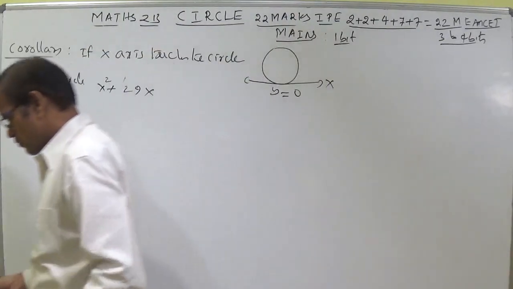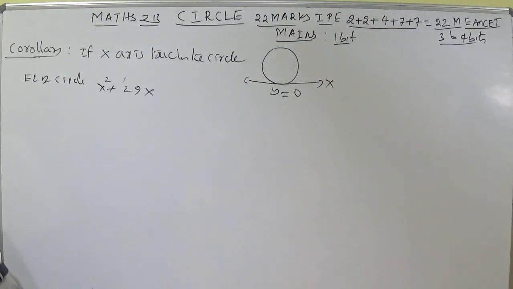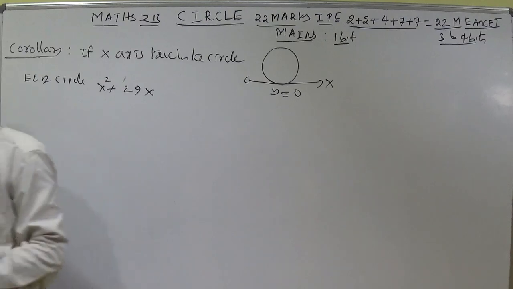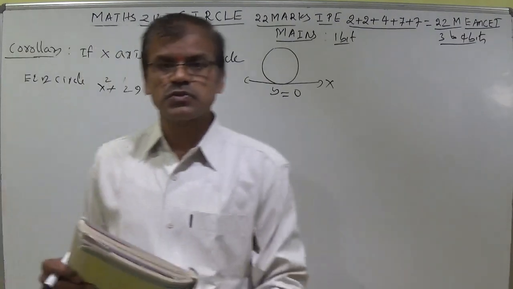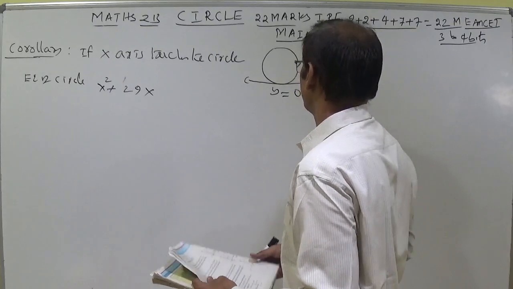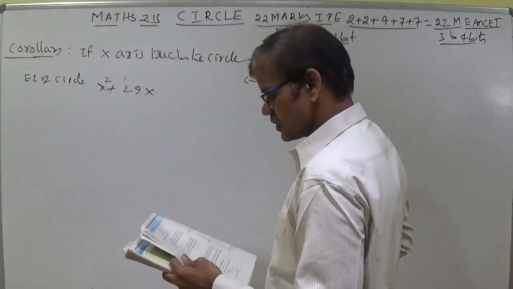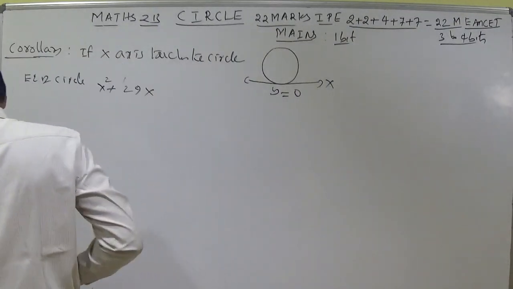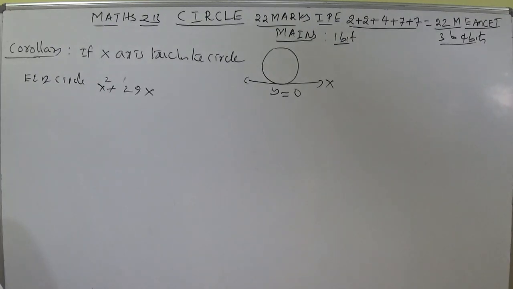Before, when the circle intersects the x-axis, we had written this. Now, if the x-axis touches the circle, there will be no x1 and x2, so you can say that g square minus c is equal to 0.